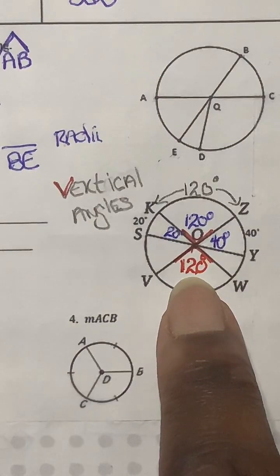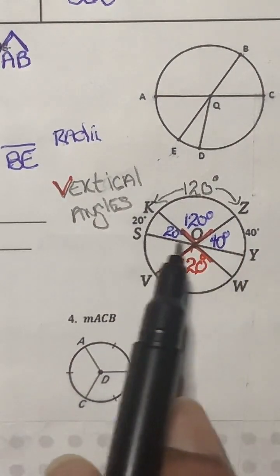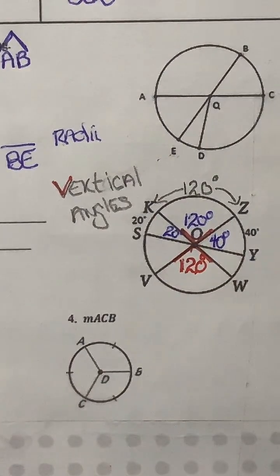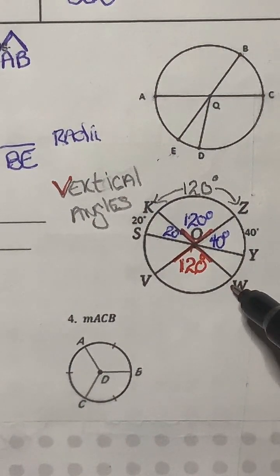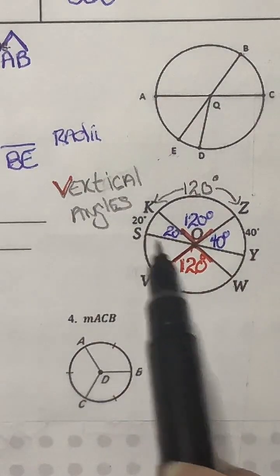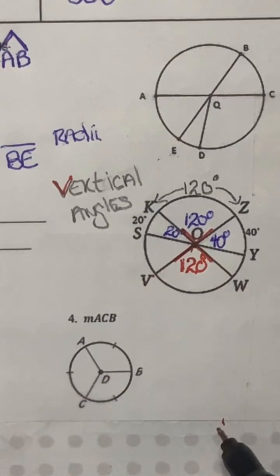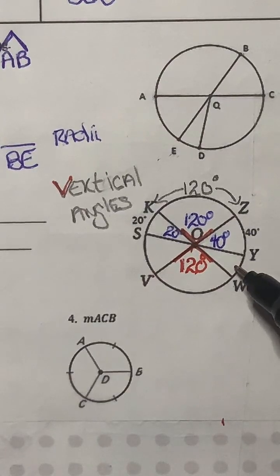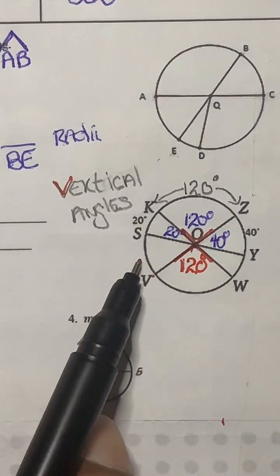So if this is 120 degrees, using the information over here, which angle would it be? Is that YOW, or would it be SOV that equals 20 degrees? Would it be this angle 1 right here, or this angle 2 right here?